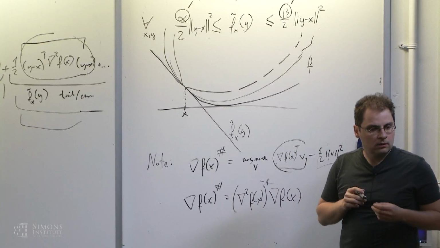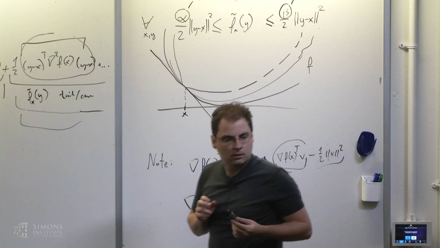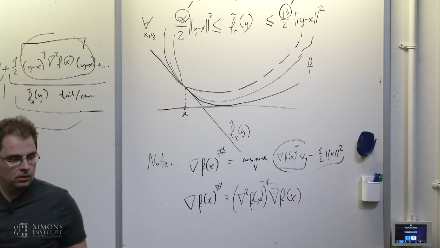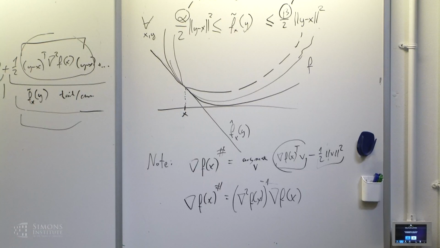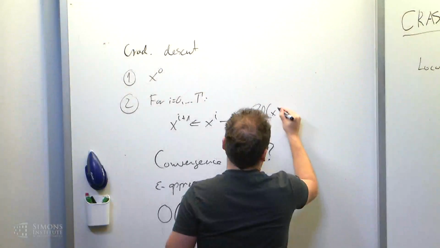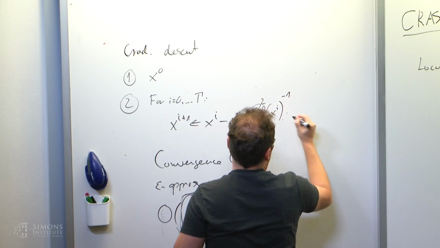But even here, for the local norm, you would need your v to be small enough. Yes, I will get to that. Those are the caveats. For now, I'm just saying that at least when v is small, this is the best norm you can consider for your gradient descent, because it very nicely predicts the tail. And then I can just rewrite it, and your step will become exactly this.